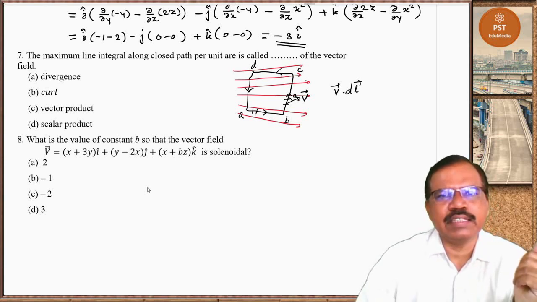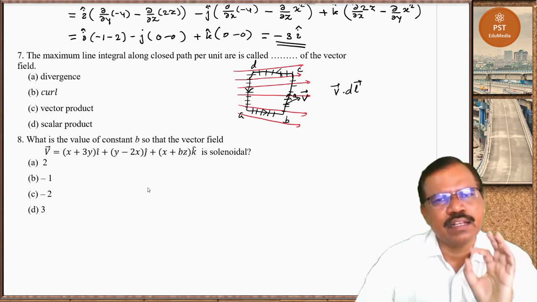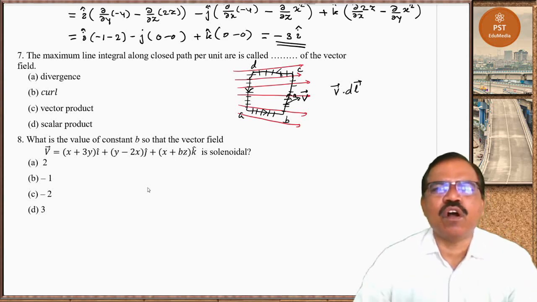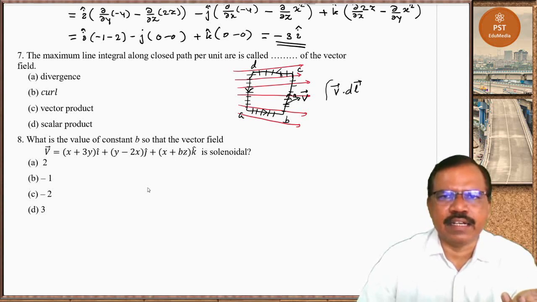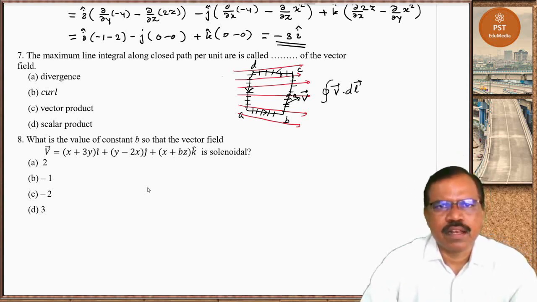So we divide this path into small elements, and we take the vector field on each element, then we find V dot dl and go on adding that. So we get the line integral along the closed path. Now this path will have an area.